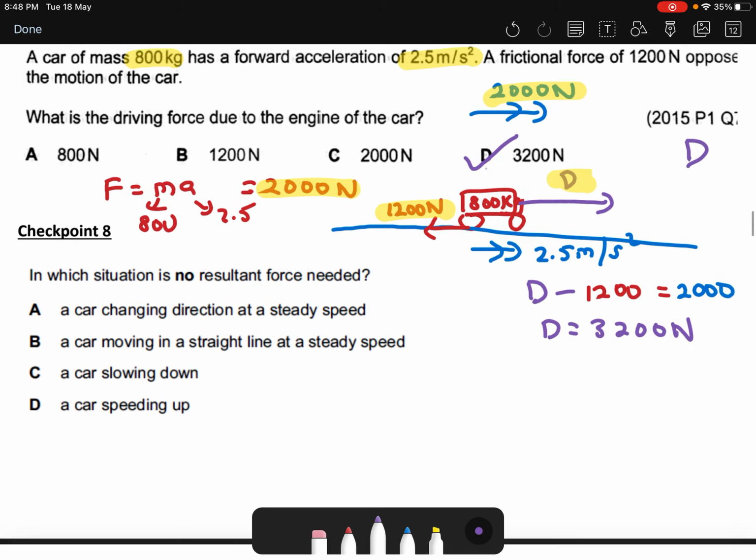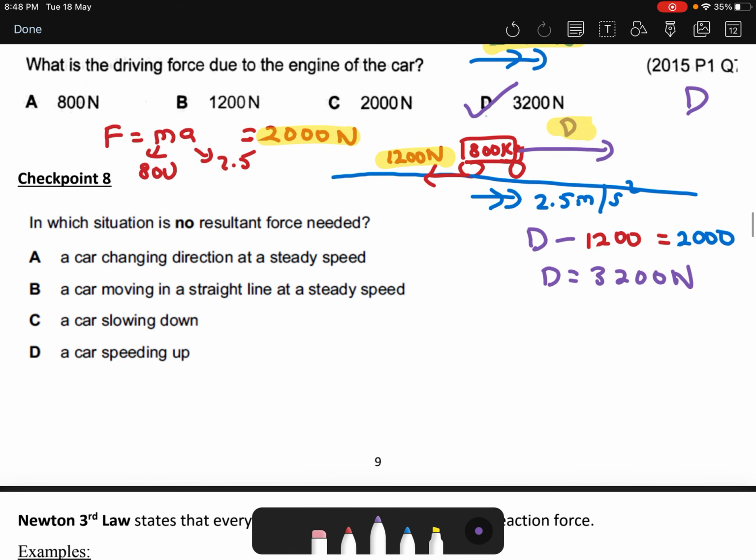Okay, checkpoint number 8. In which situation is no resultant force needed? In order for your F to be 0, you must not be accelerating or decelerating, because decelerating is just another form of acceleration. Let's say this is a car moving in this direction.